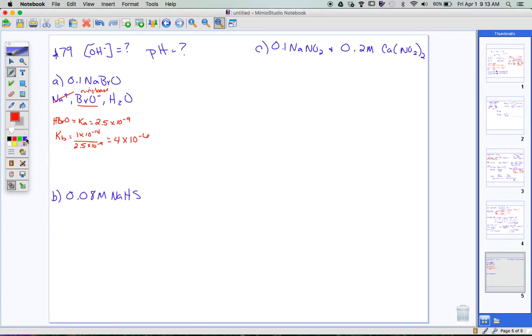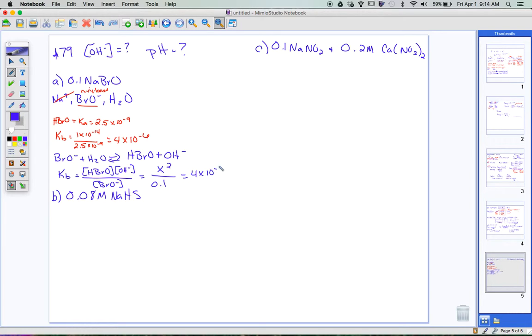All right, so the equilibrium that we're working with is BrO minus plus H2O, because it's functioning as a base, to make HBrO plus OH minus. So Kb is going to equal the concentration of the HBrO times OH minus over BrO minus, and this becomes X squared if you put it in an ice table, and this was 0.1, and we're assuming the minus X doesn't matter.